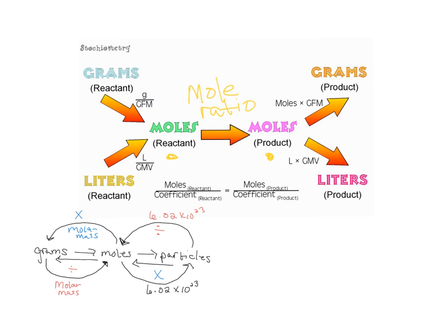It has nothing to do with subscripts. This is all coefficients. Mole ratio gets you from the moles of the reactants to the moles of the products. So as soon as you get your conversion to moles, whether you're going from grams to moles or particles to moles, as soon as you get the moles of your known, then in your equation you would put the mole ratio, and that conversion will help you get to your products, and then you can solve from that point on.